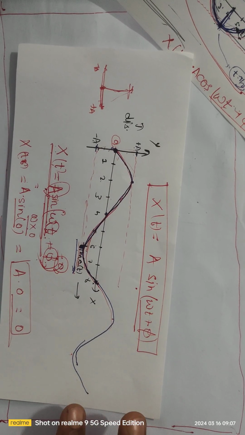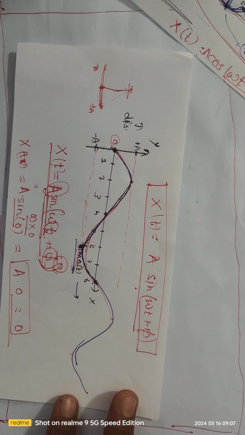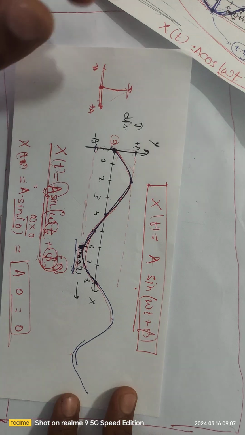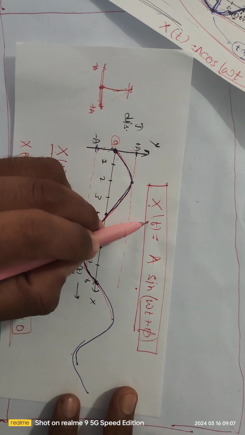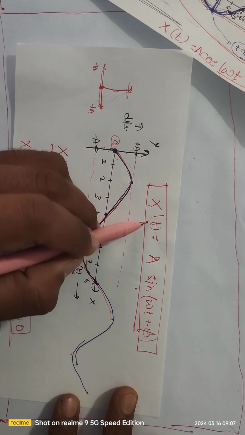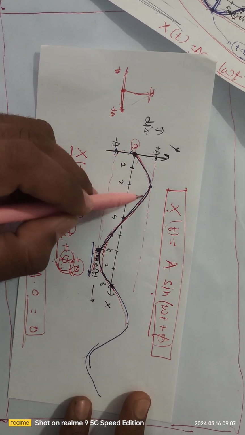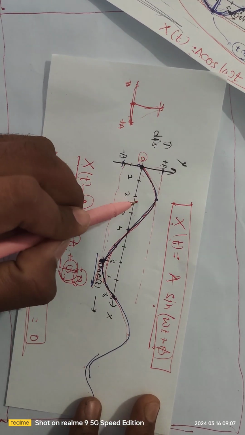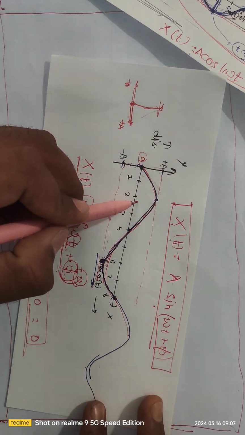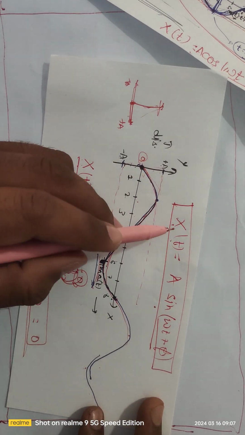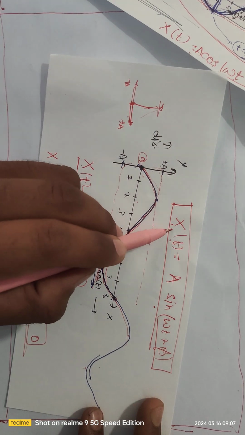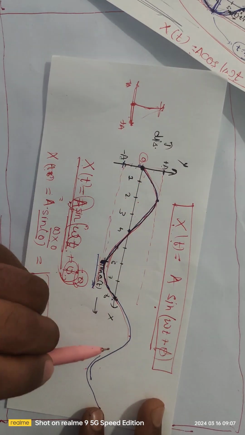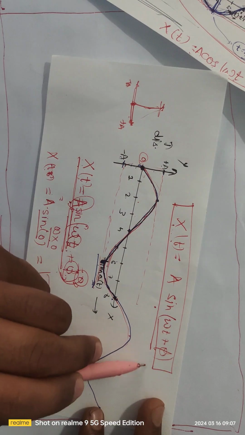So finally we can say that in simple harmonic motion, the displacement of the particle with respect to time can be represented in a graph, and from the graphical representation we can compare the experimental phenomena or linear displacement with this mathematical equation.